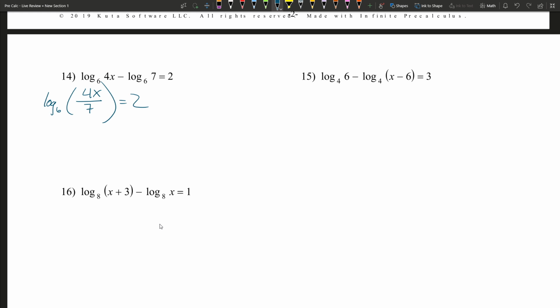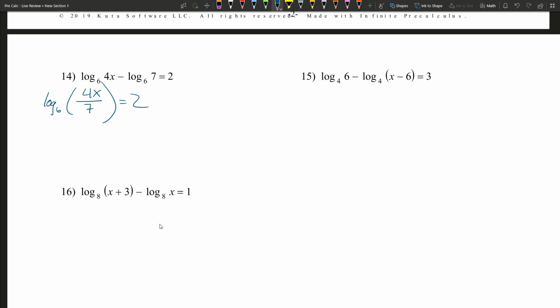Step two is to use the inverse property to cancel the log base of 6. In order to cancel the log base of 6, you want to do the inverse of logarithmic. All right, so everything you see here will be the exponent of 6.